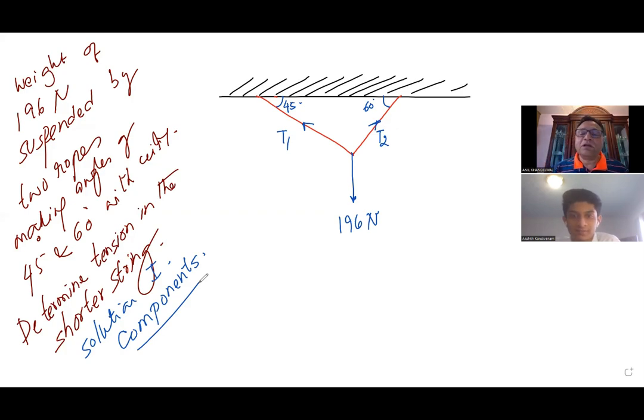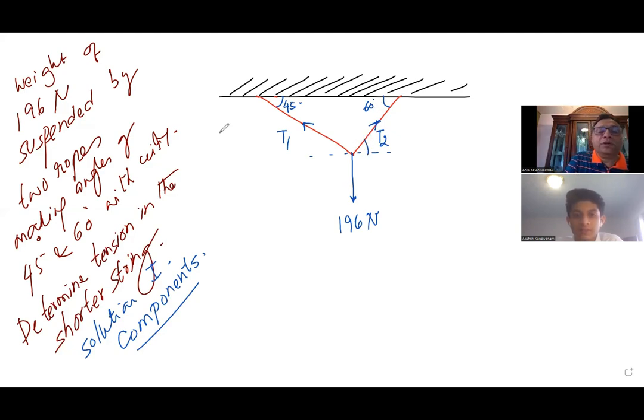What you get is this T1 force acting at a 45 degree angle. If you think about horizontal, this one will be minus when it is on the other side. So T1 cos 45 is acting in this direction, and here we have T2 cos 60 degrees.